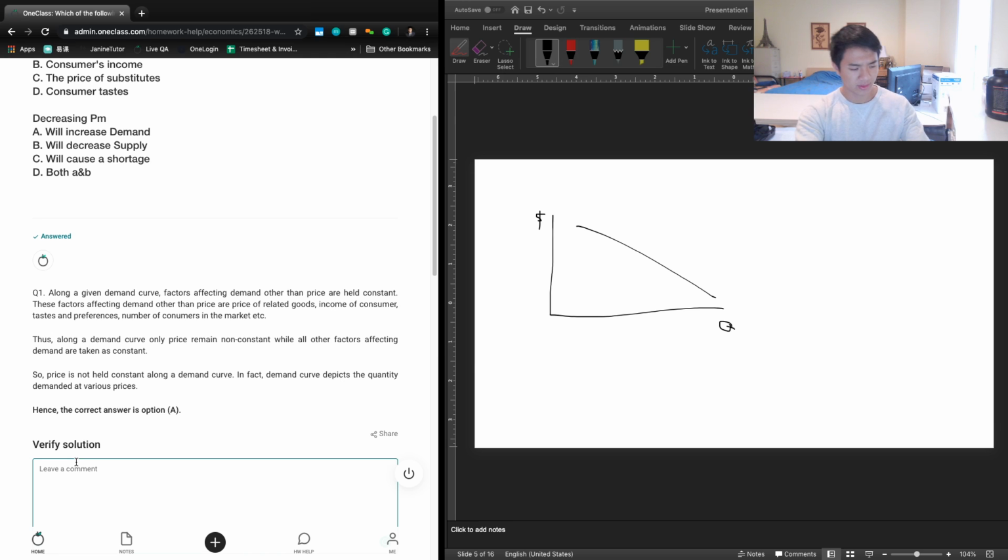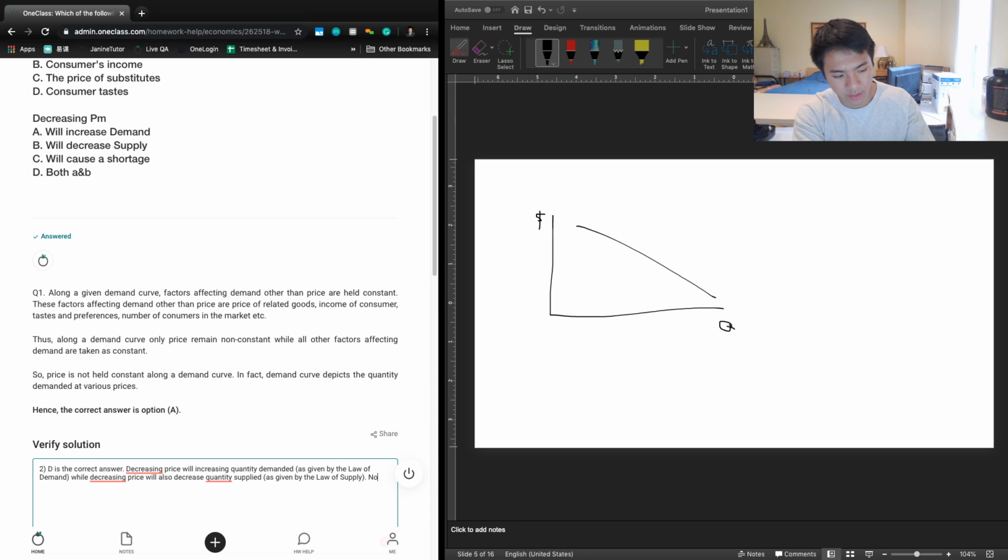I think the previous tutor did not answer this question, so we'll just insert a question here. And so we say number 2, D is the correct answer. Decreasing price will increase quantity demanded as given by the law of demand, while decreasing price will also decrease quantity supplied as given by the law of supply.